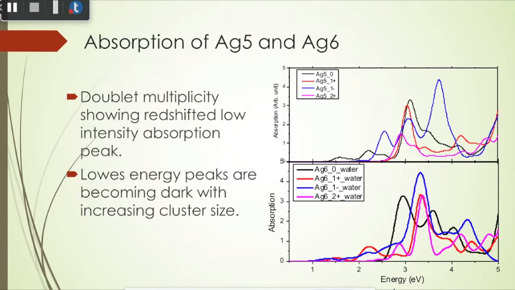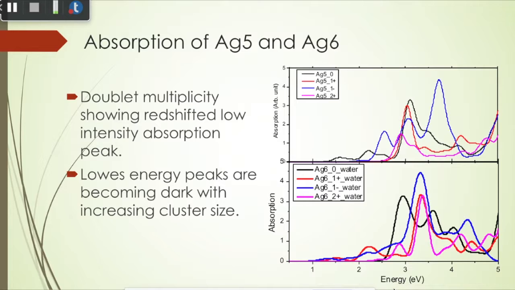That means for Ag5 1+ and Ag5 2+, the intensity also increases. The first one is silver 5 and the second one is silver 6, and silver 6 also shows the same trend, but the lowest energy peak becomes dark.